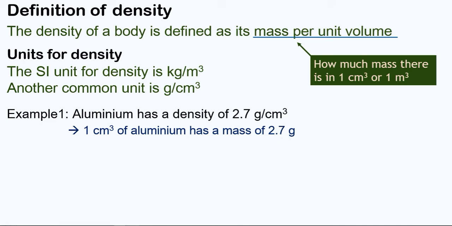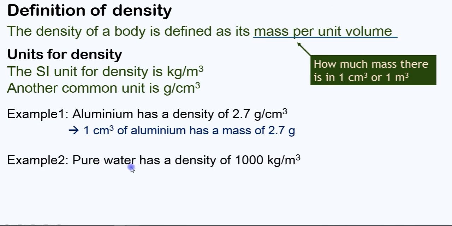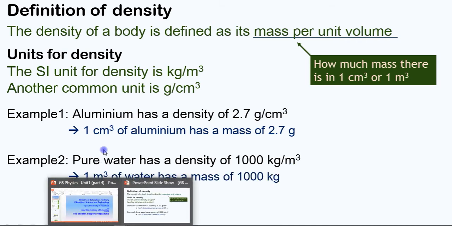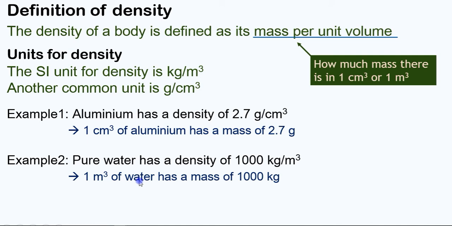So 1 centimeter cube of aluminium has a mass of 2.7 grams. Pure water has a density of 1000 kilograms per meter cube. This means that in 1 meter cube of water, there is 1000 kilograms of water.